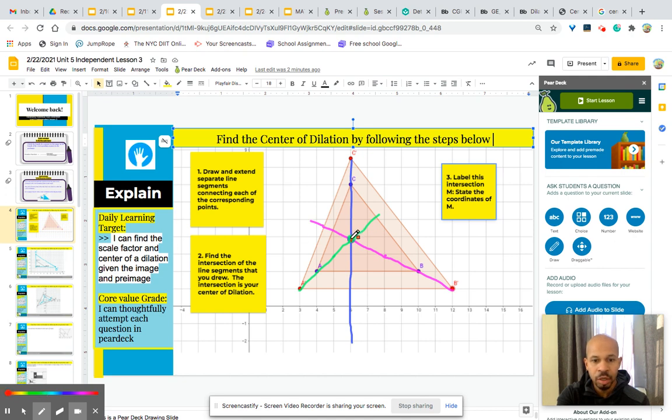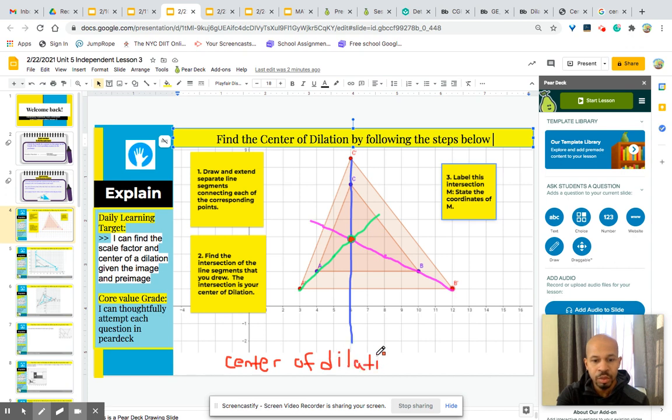I'm just going to put it in a different color. In this case, it's 6. I know we can't really see the numbers over here, but it's going by a scale of 1. So 1, 2, 3, 4. So the center of dilation, I'm going to write it here, center. And sometimes I may abbreviate it by saying COD, but I'm just going to spell it out for y'all just to make sure we're all on the same page.